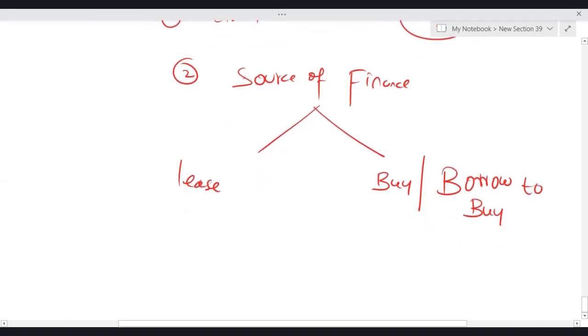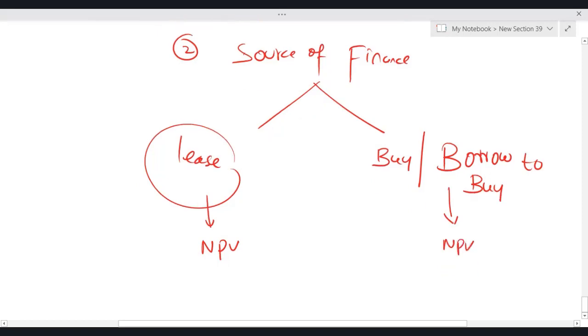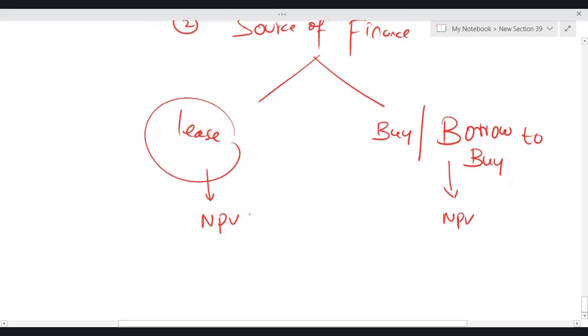So actually we have to make the decision. Which source of finance is cheaper for us? So you have to calculate NPV of the lease decision. How do we calculate? We'll see the factors. You have to calculate the NPV of borrow and buy decision. Obviously, we are calculating NPV of source of finance, so NPV will be negative. We are going to opt the project which will have a lower negative NPV.